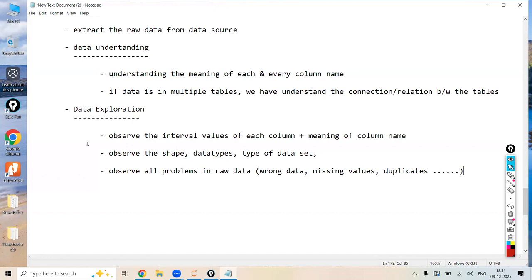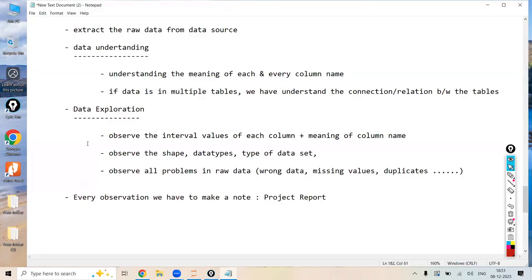Everything we observe, we are going to make a note. Each observation we have done, every observation, we have to make a note. That is called the project report.